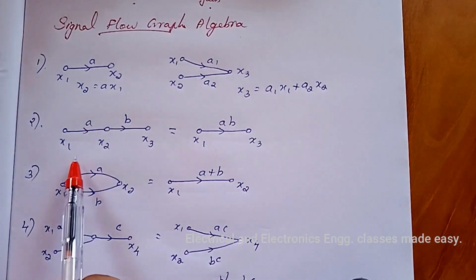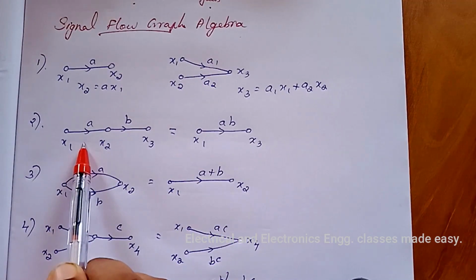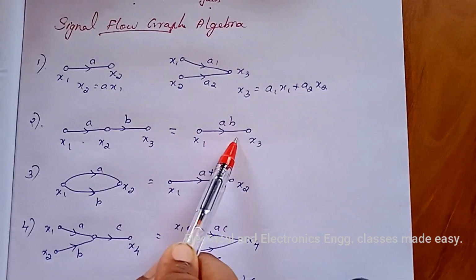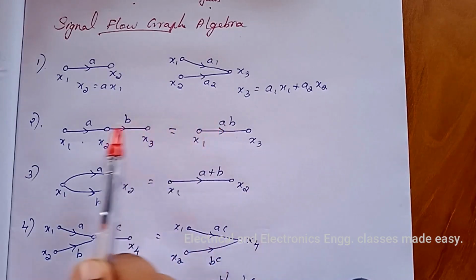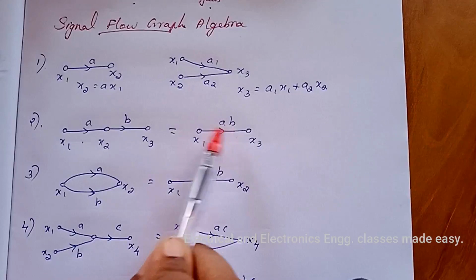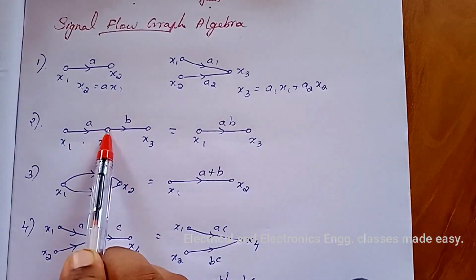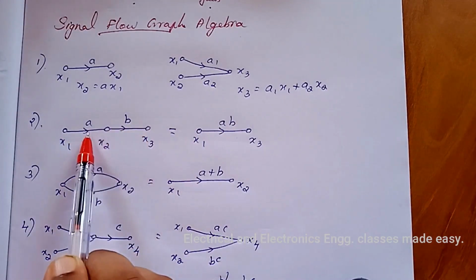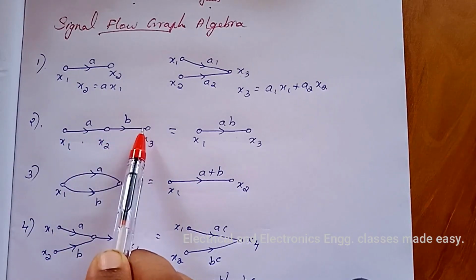Then second one, cascaded branches can be combined to give a single branch whose transmittance is equal to the product of individual branch transmittance. So here there are two branches in cascaded form. That is, this is one branch, this is the next branch.